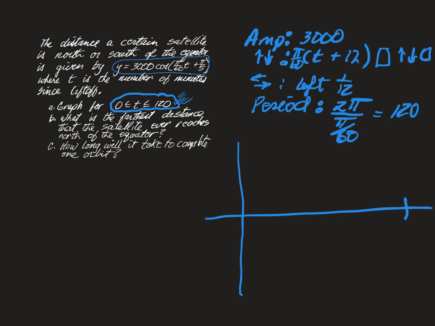Okay. So what we're going to do is go 12 minutes to the left because we moved 12 minutes to the left. And then we're going to add 120 to that, which is 108. Okay?